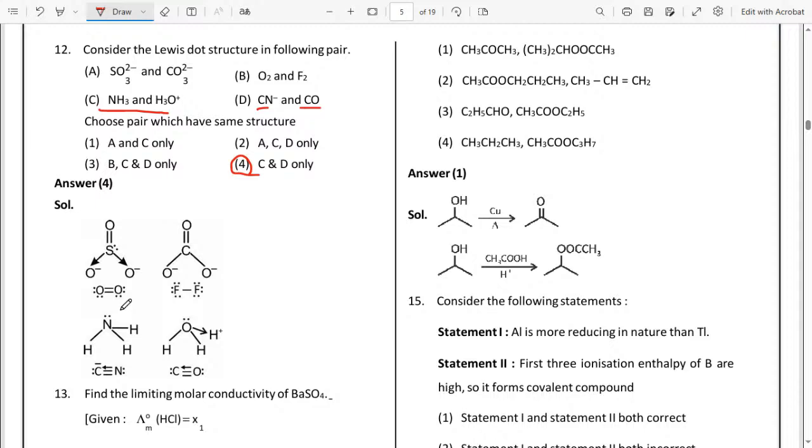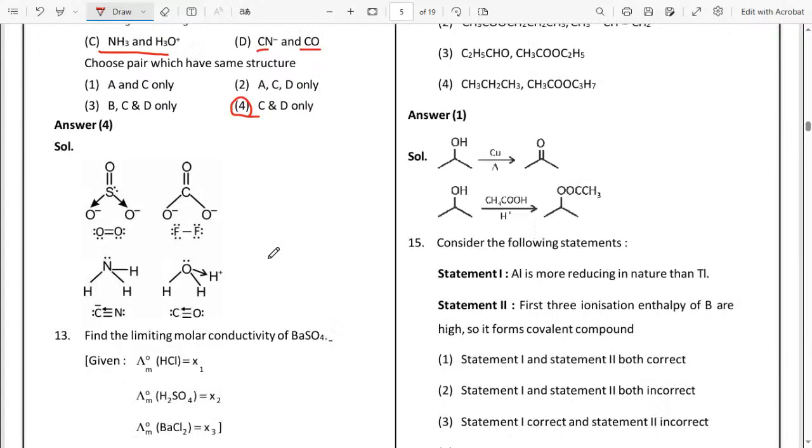Both C and D only. Option 4 is the correct option, students.